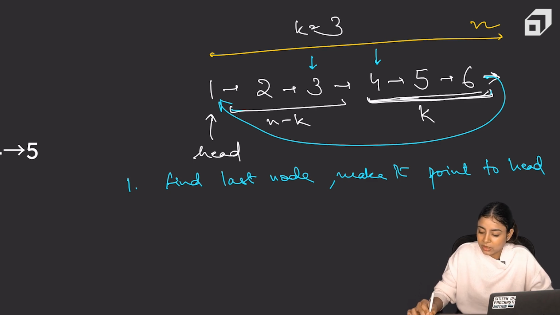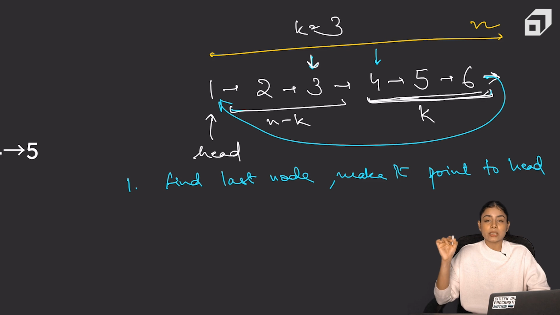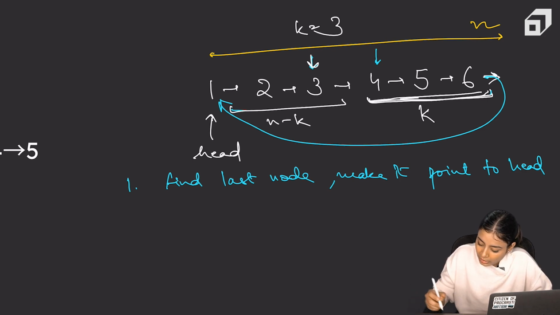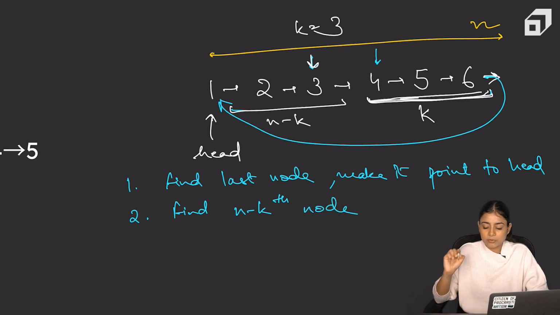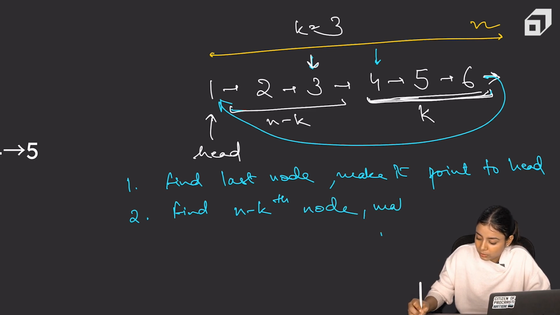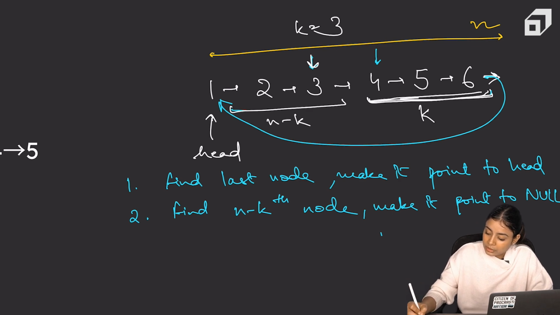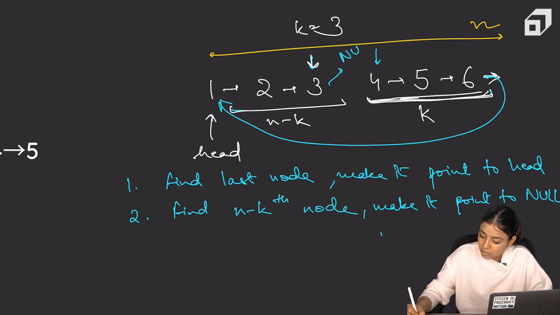So the n minus kth node, which is here 3, would become my last node in my rotated linked list. So another thing that we need to do is find the n minus kth node and make it point to null. Now this 3 is pointing to null.